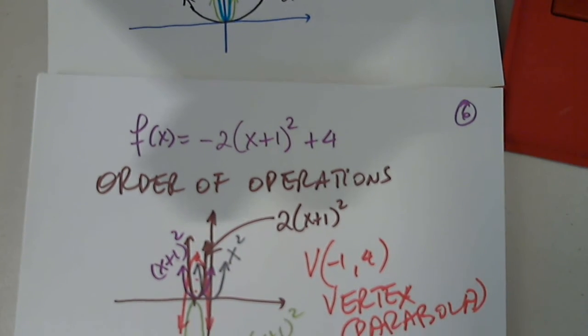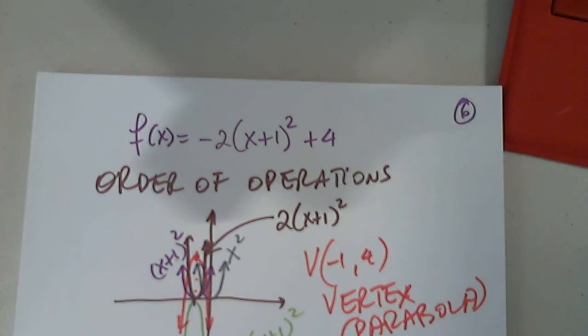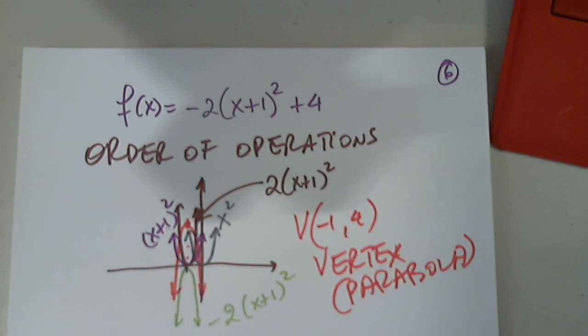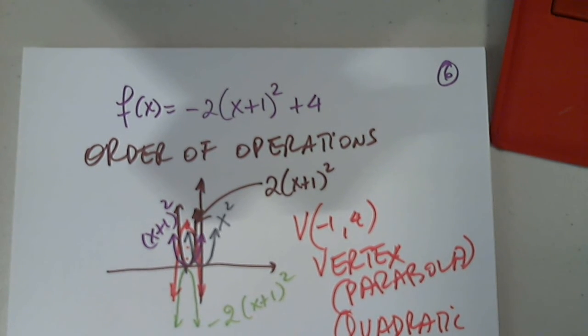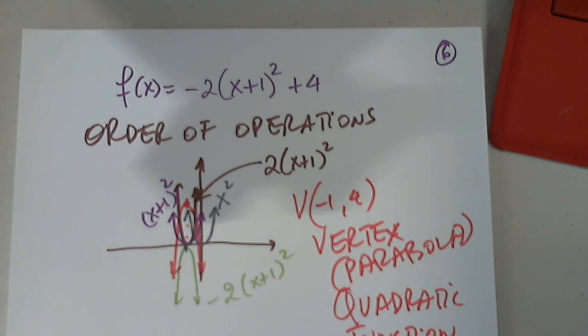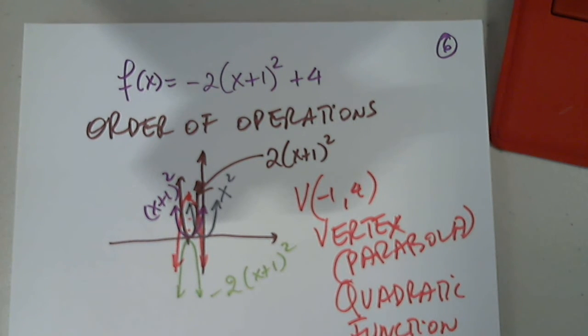No other function has a vertex in the sense of a max or min. But the parabola, which is the quadratic function, and I use transformations. Yes, if you ask me now to find the x and y intercepts, I'll say fine.